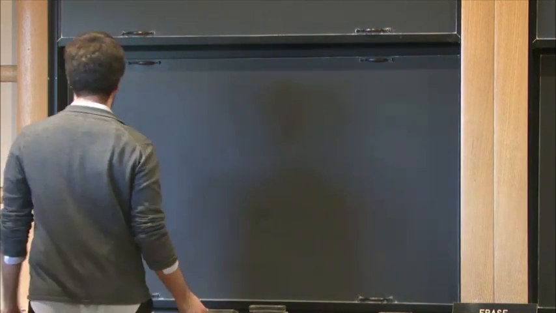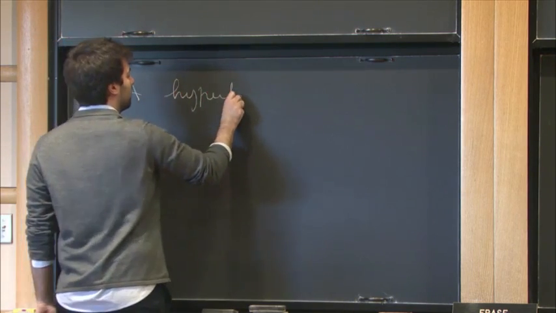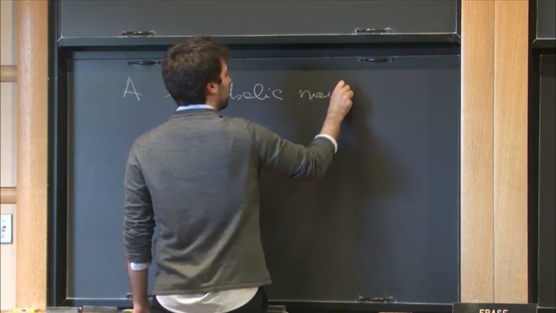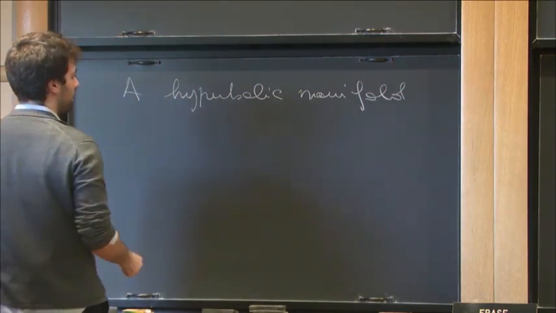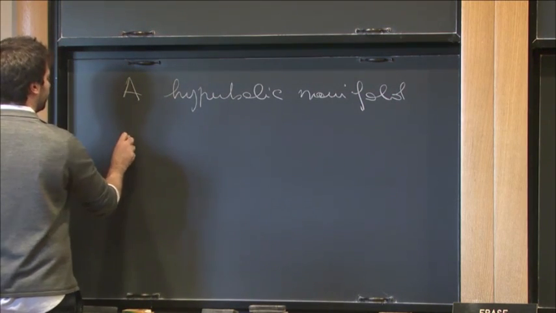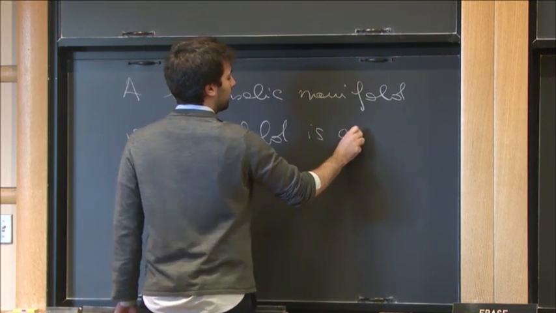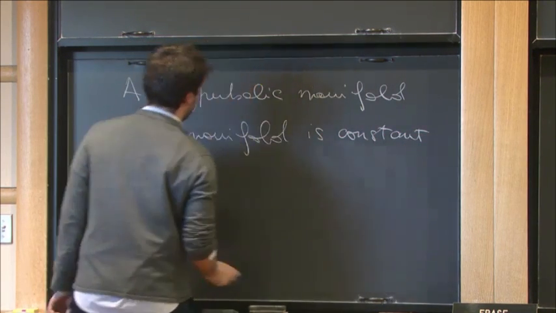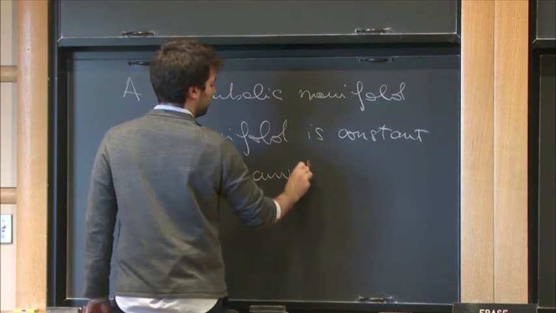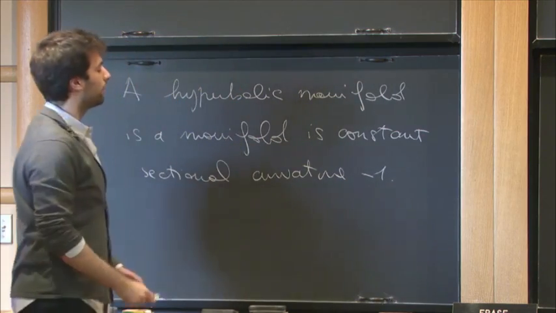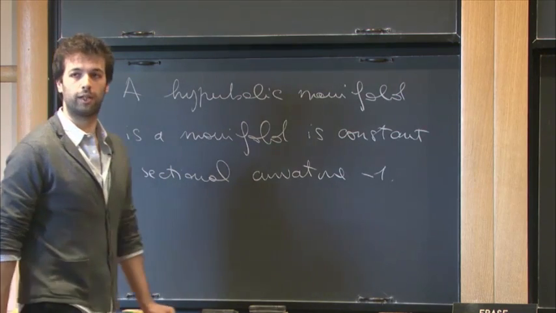We say that a complex hyperbolic manifold is a manifold with constant holomorphic sectional curvature -1. There exists only one such manifold which is simply connected, which is the hyperbolic space.